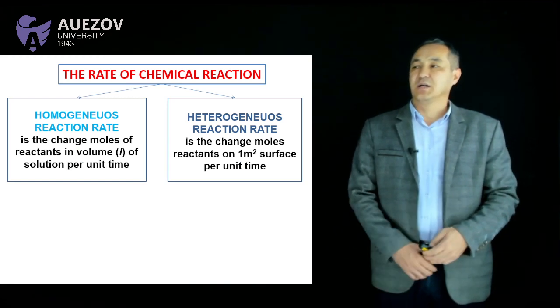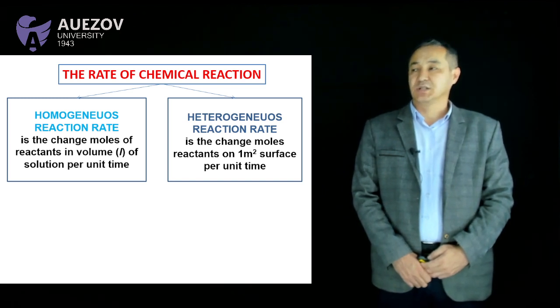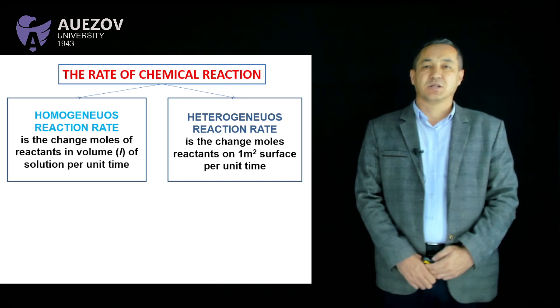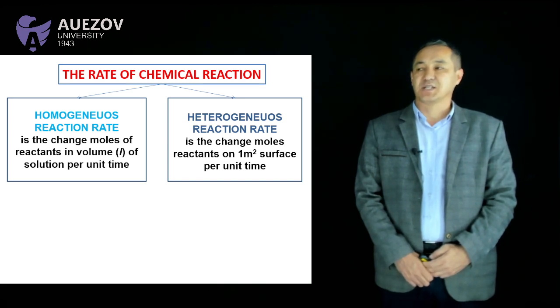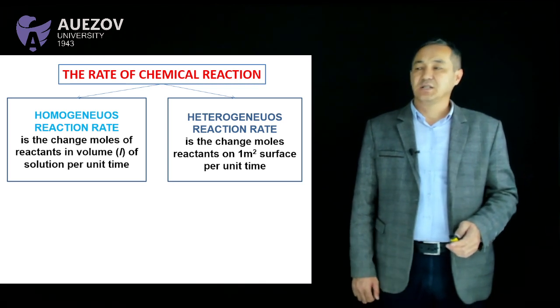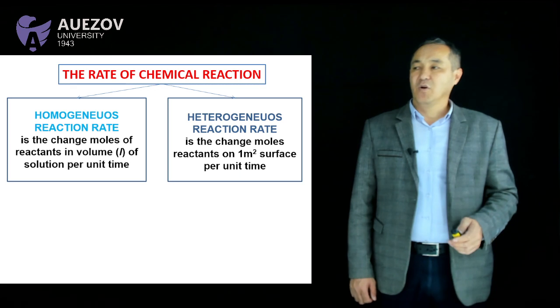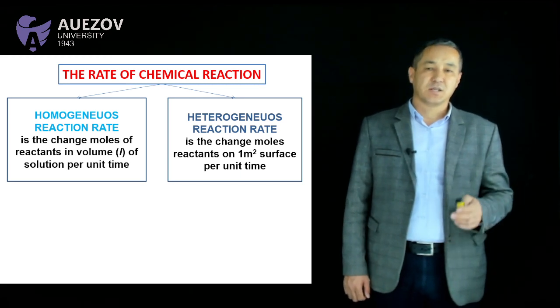Chemical reaction rate can proceed in homogeneous and heterogeneous chemical substances. Homogeneous reaction rate is the change in moles of reactants in a volume of solution per unit time.